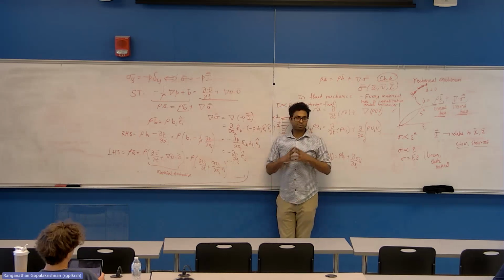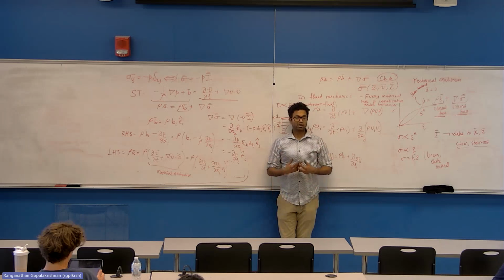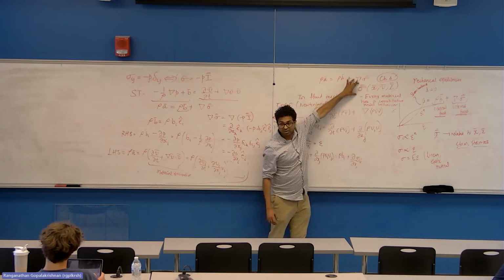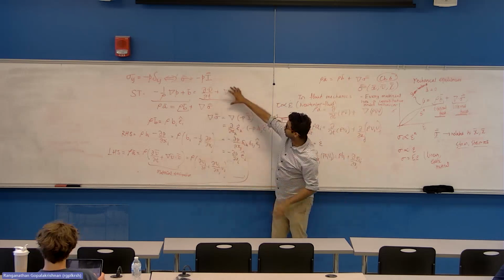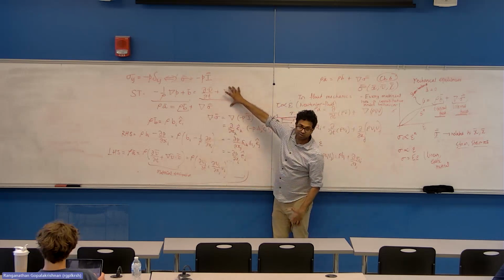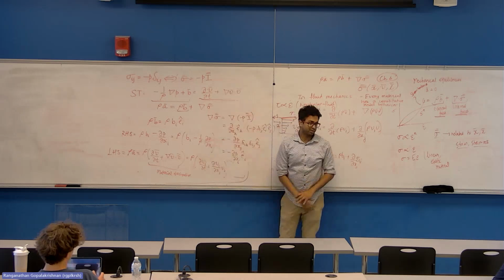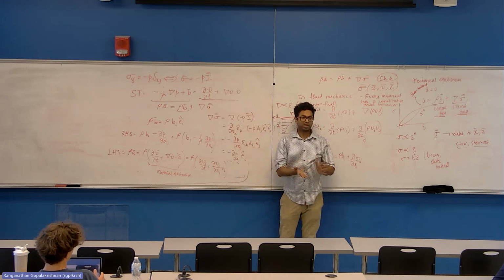I'll tell you it's a plastic material, or it's a Newtonian fluid, or a viscoelastic fluid, or I'll tell you this relation, and I will ask you to compute or show some kind of a momentum balance for that material. This is the type of problem you can expect on the exam. I think it's also the same that is on the homework as well.